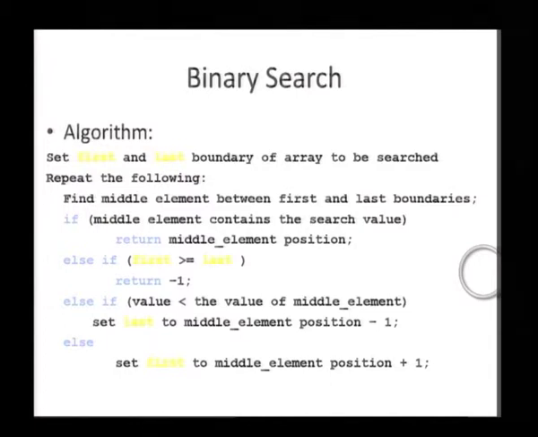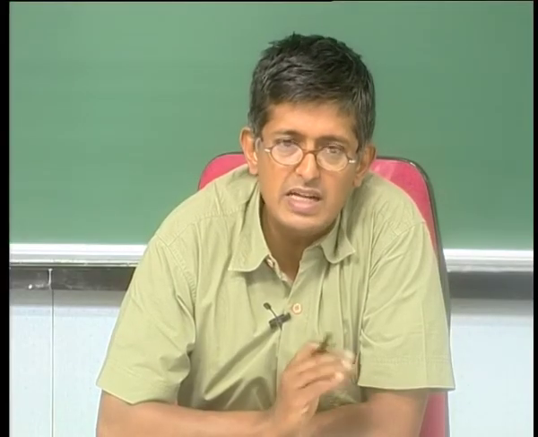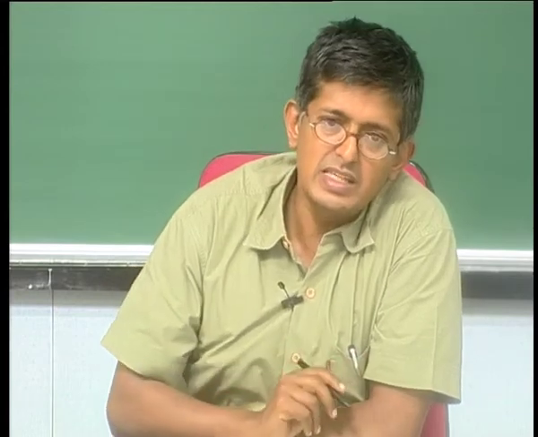Otherwise, if the value is smaller than that of the middle element, last is now made to take the index mid -1, and if the value is larger, then first is taken to be mid +1. In other words, one would visualize the search to be moving either to the left or to the right of the midpoint in the array, provided the key is not found.